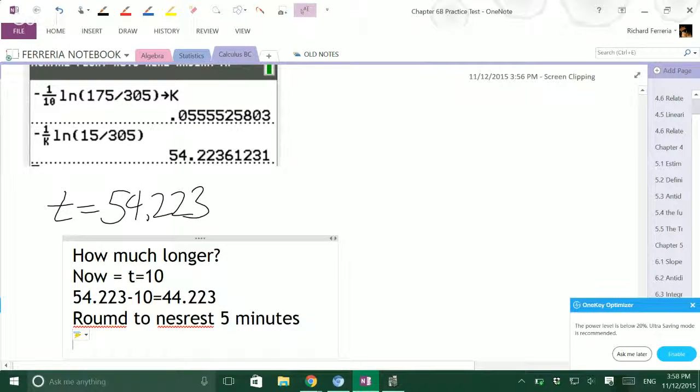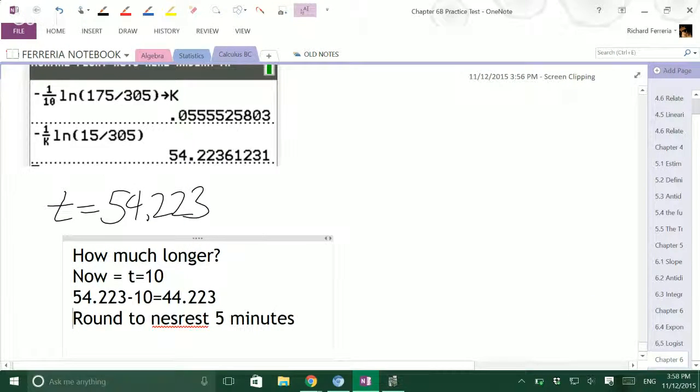So are we closer to 45 minutes or are we closer to 40 minutes? We're closest to 45 minutes. So the answer is 45 minutes.